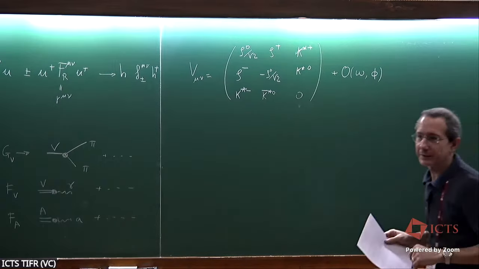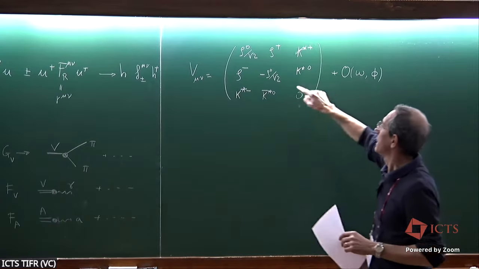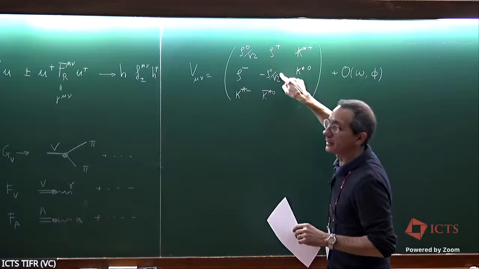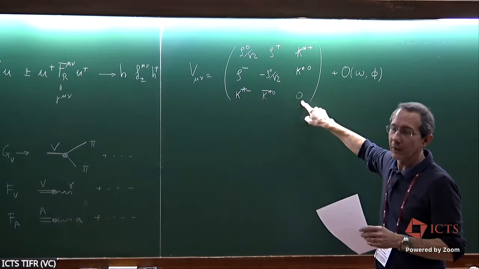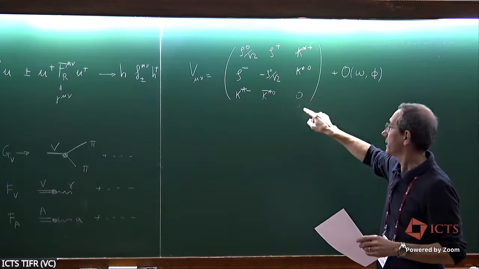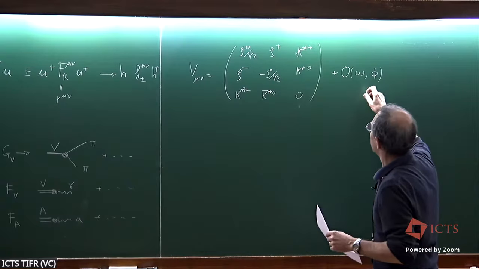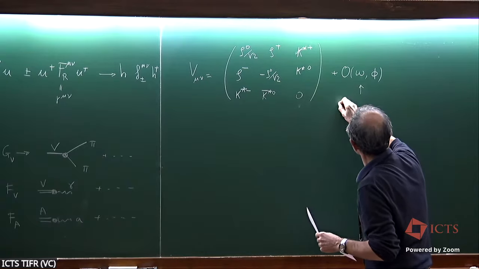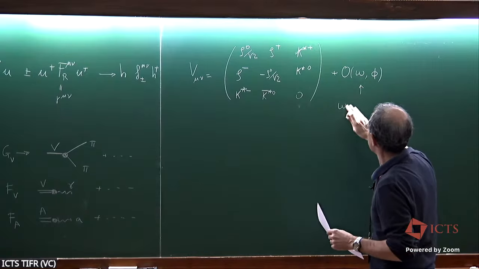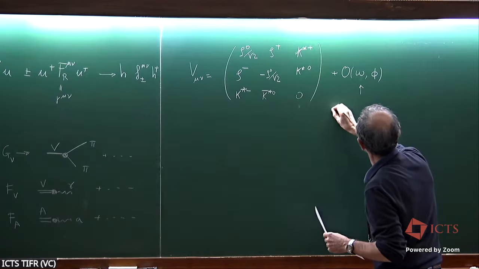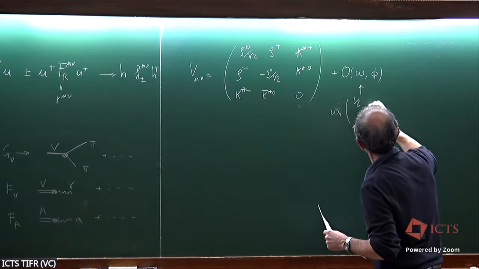Maybe we can discuss it later. As you probably know, the omega is really the singlet on isospin, so there's no component here, while the phi is mainly an s s-bar state, so it's only here. This means there has to be a superposition, which we can call the omega 8, a superposition of omega and phi. The omega 8, the octet one, will have coefficients 1 over square root of 6 and minus 2 over square root of 6.